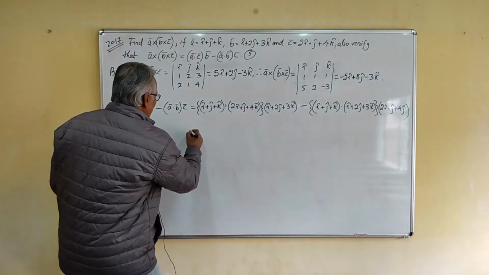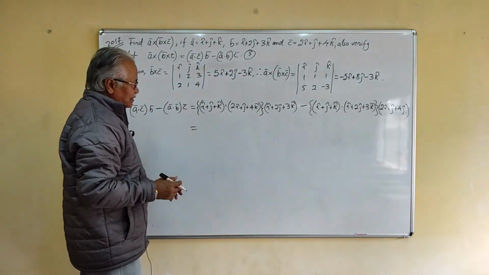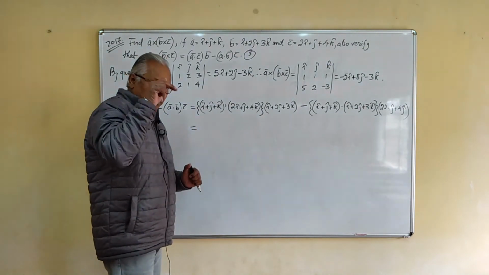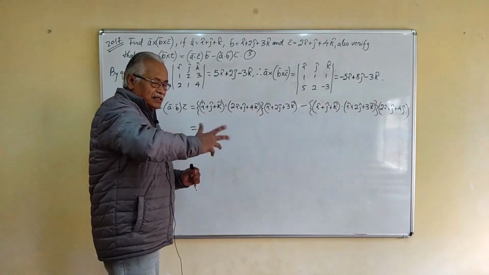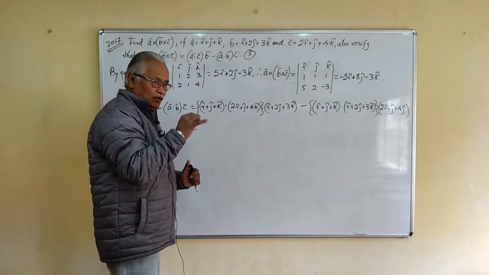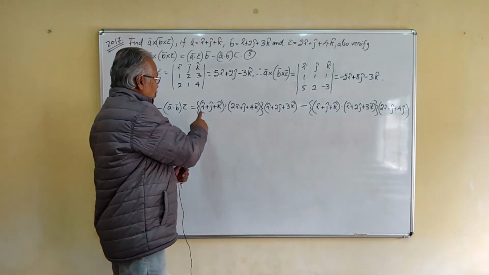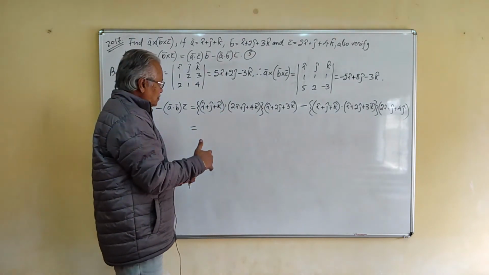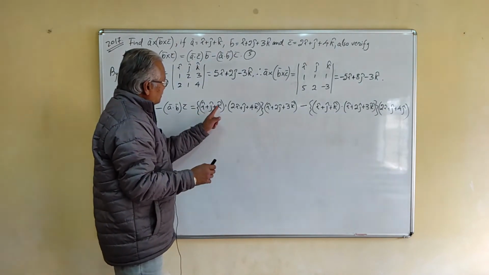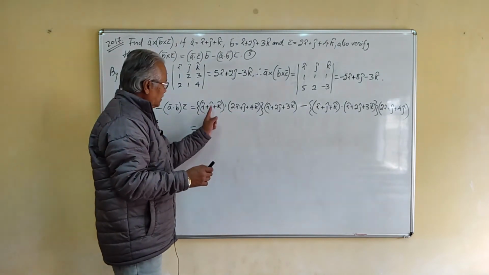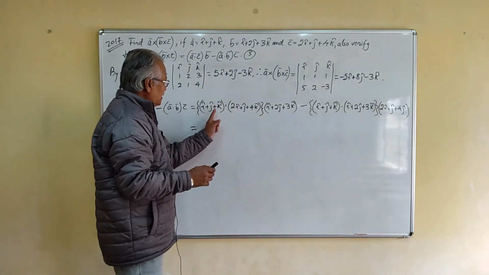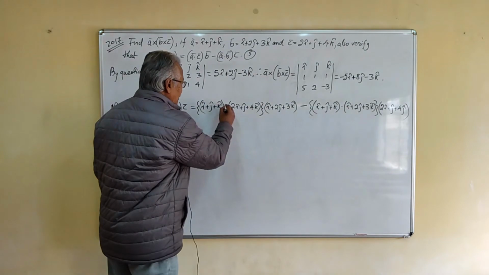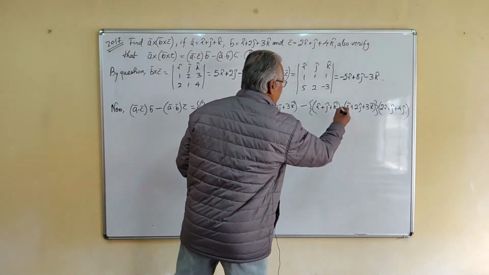Okay. Now let's go ahead with the dot product. As you know, I dot I is 1, J dot J is 1, K dot K is 1, and the dissimilar unit vectors will have a dot product 0. So I dot J will be 0, J dot K will be 0, K dot I will be 0. So we shall just cut short our work by having a dot product I with I, J with J, and K with K. Dot should be distinct.